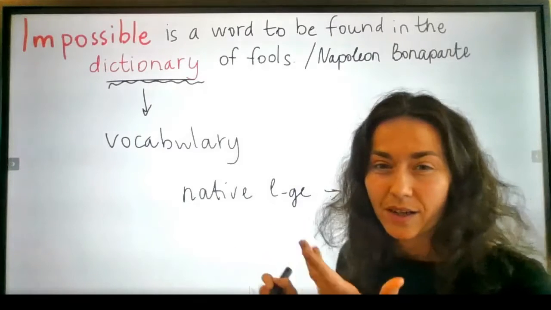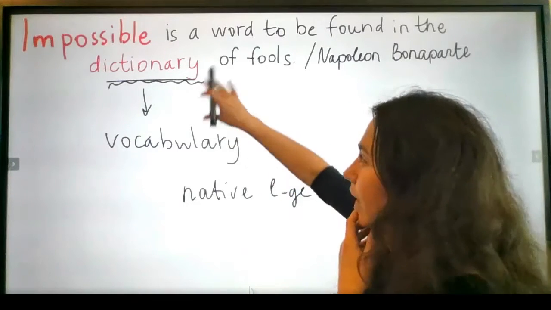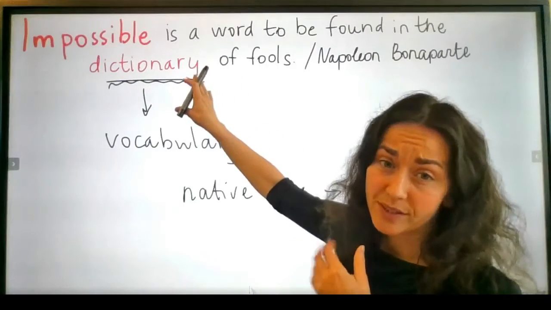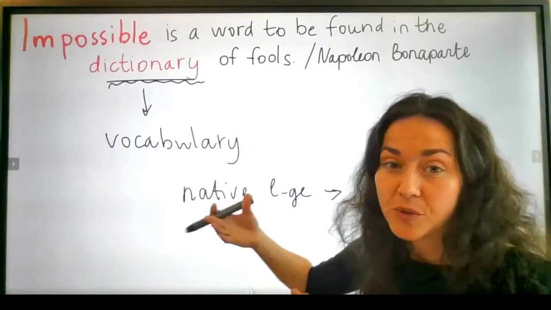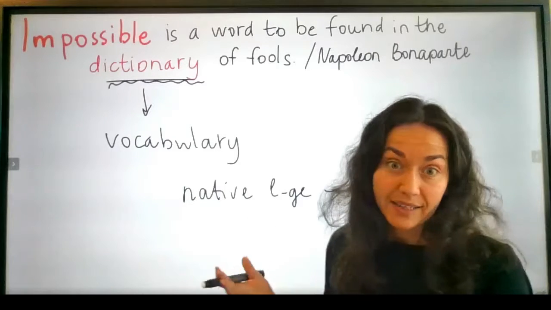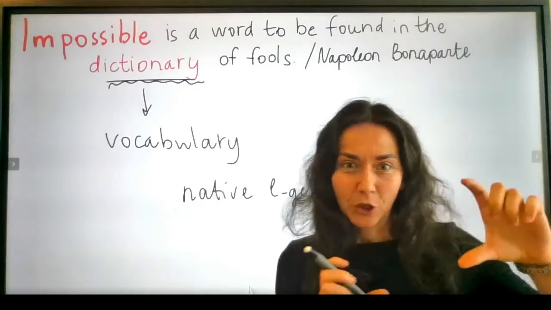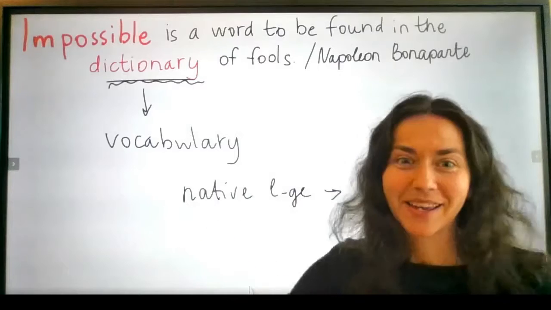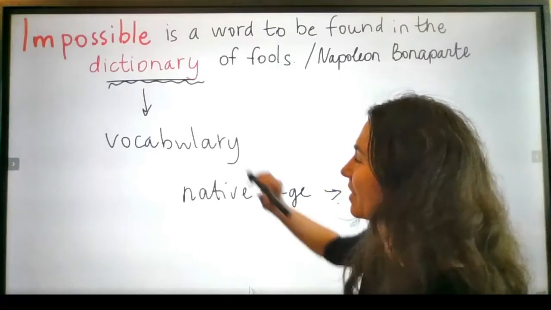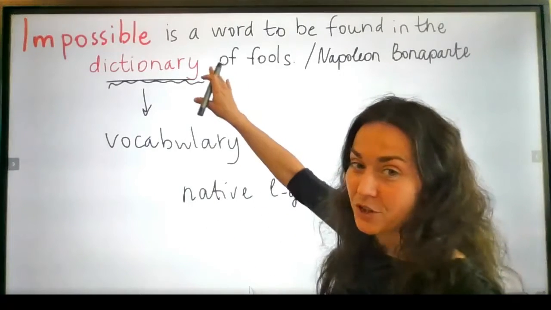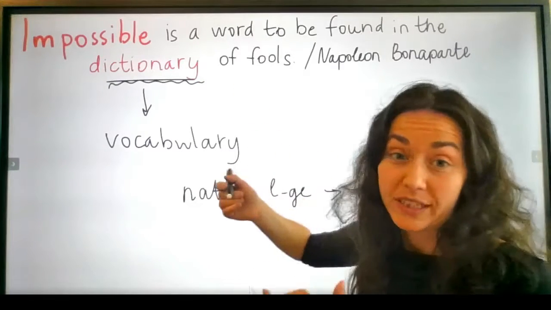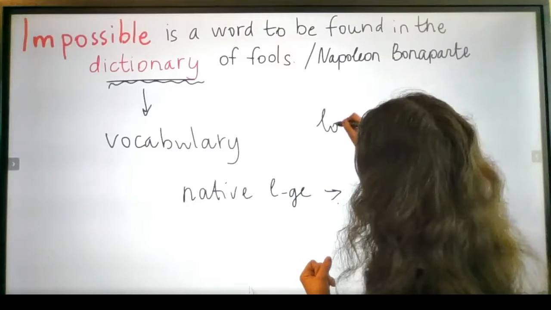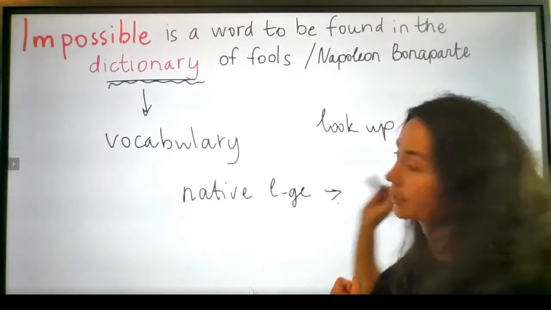So where can we find these words? What dictionaries exist and you can use online, especially. You don't need to have these huge books that you have to carry with you all the time. If you want to find the word in the dictionary, you can say you can look up this word in the dictionary.